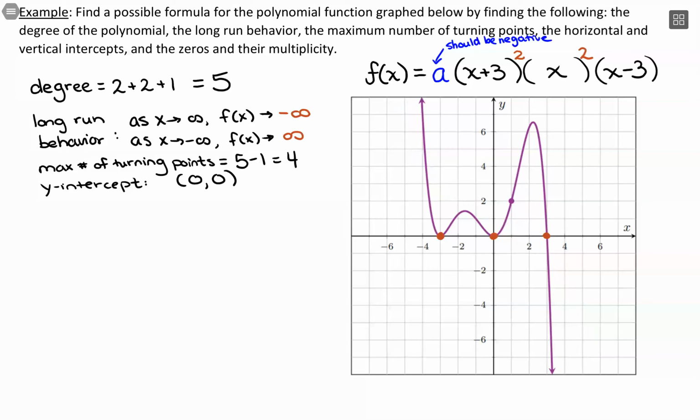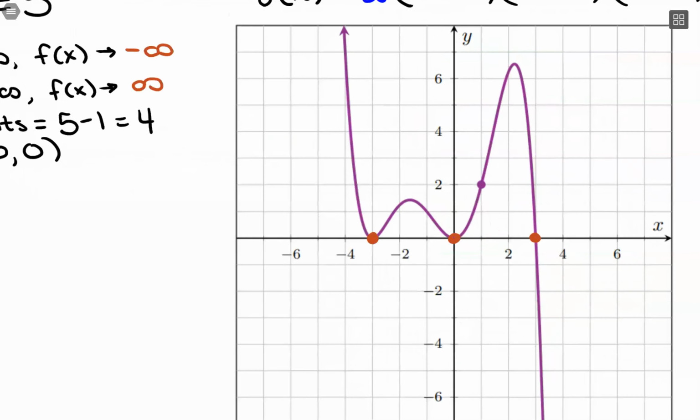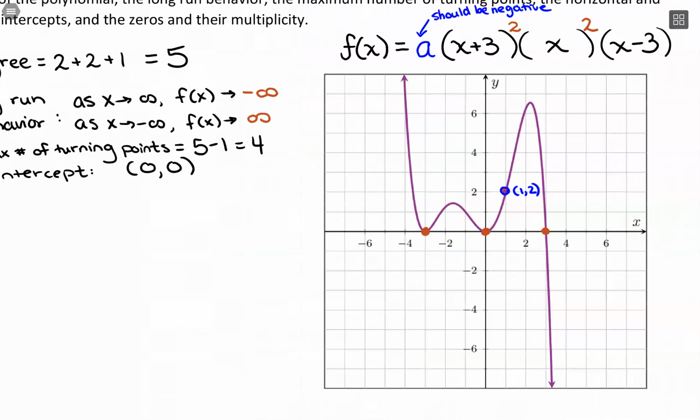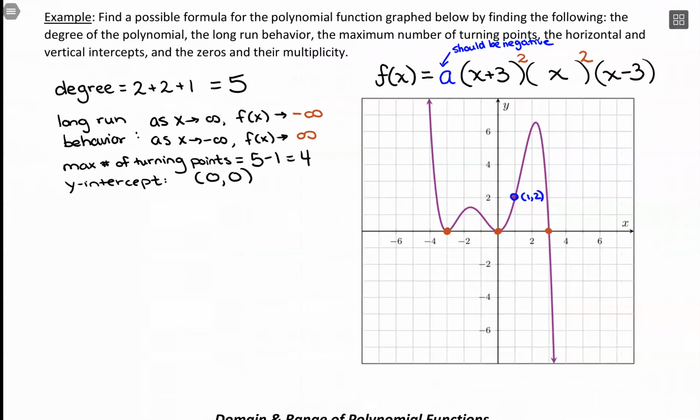So with that, I have an idea of what a should come out to be without actually finding it yet. To find a, that's why they've marked this point right here. There's this coordinate at (1, 2) that's going to help us out. We basically have our entire polynomial function there in factored form, we just have this missing piece. What we can do is plug in the x value and the y value from that coordinate.